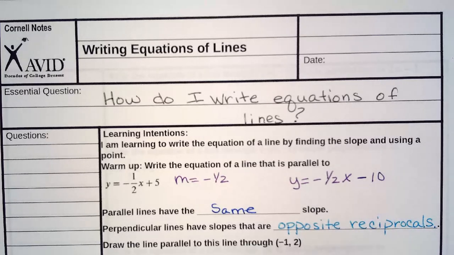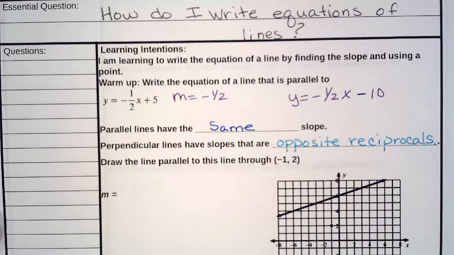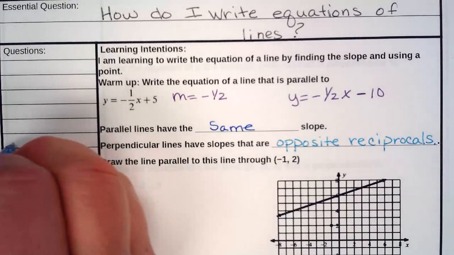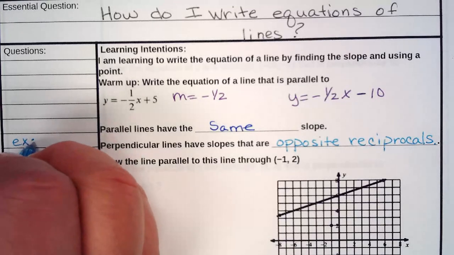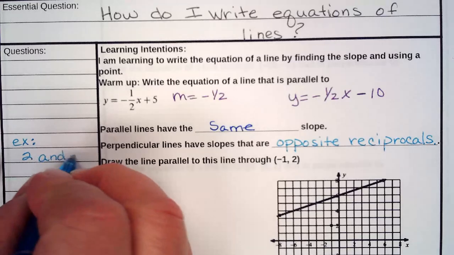Now, if we cannot remember what a reciprocal is, it's where we take the fraction and flip it upside down. So some examples of opposite reciprocals would be 2 and negative 1/2.